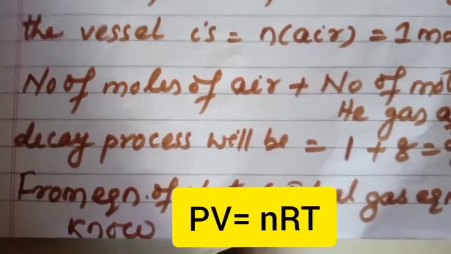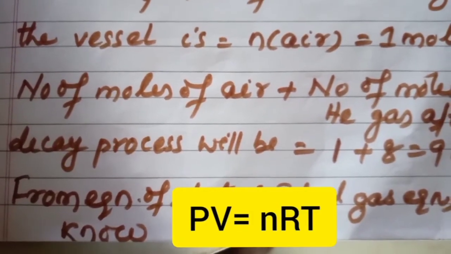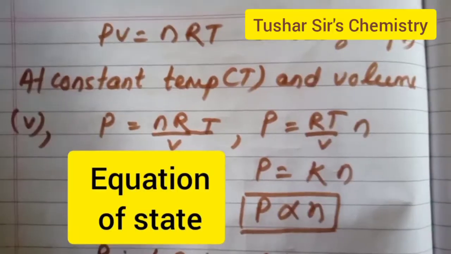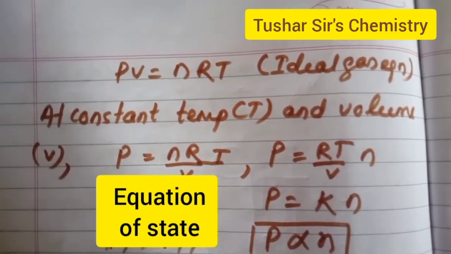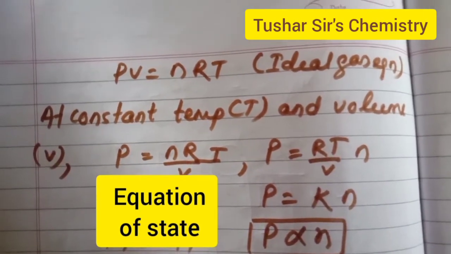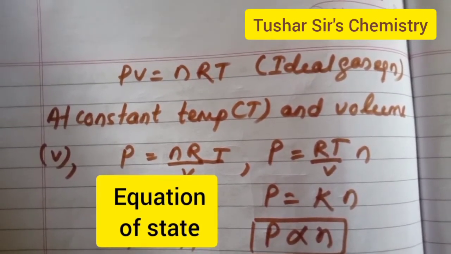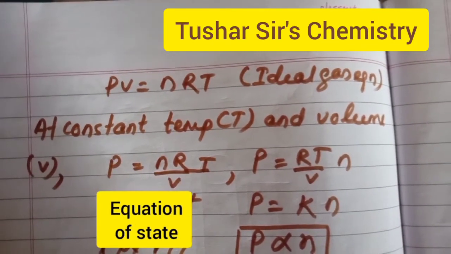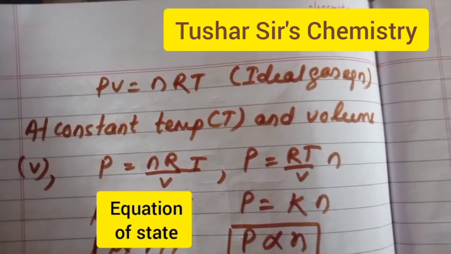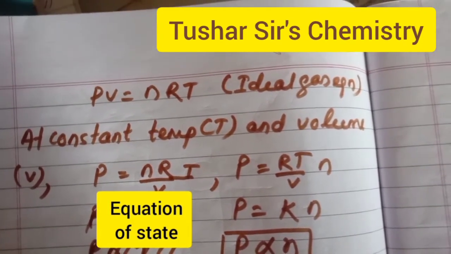From the ideal gas equation we know PV is equal to nRT. At constant temperature and volume, P is equal to RT by V into n. Here R is the universal gas constant, T is the temperature, V is the volume, and these three values are constant.